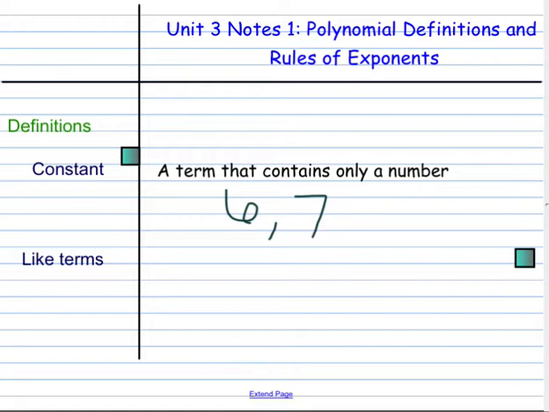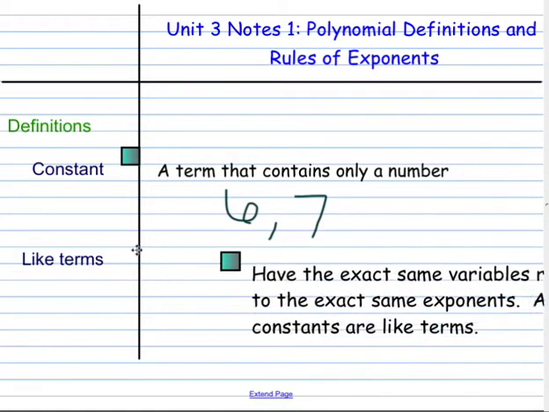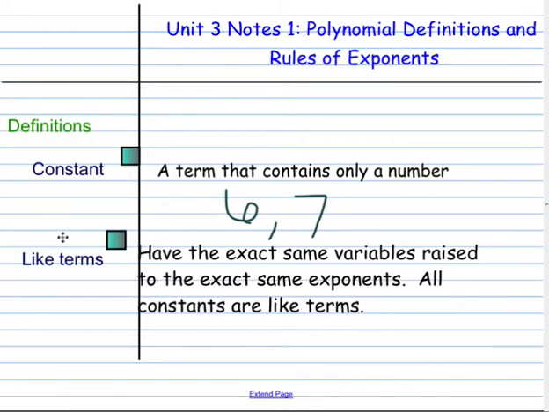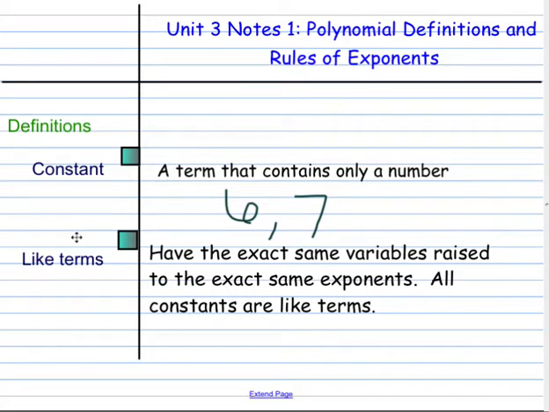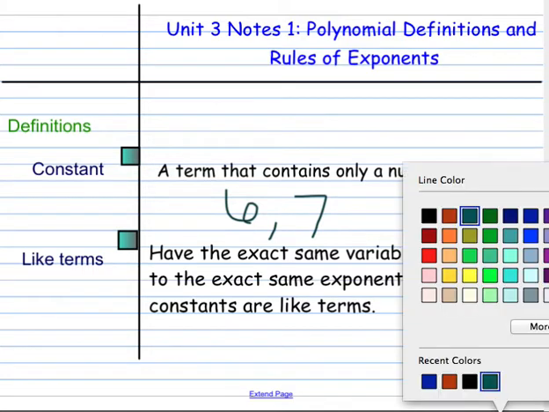Okay, let's go back and take a look at like terms. Again, this is a lot to write down. It may not fit in the box, so write down what you need to remember what a like term is. Like terms have the exact same variables raised to the exact same exponents. Likewise, all constants are like terms. That's a lot of mumbo jumbo, so let's put an example so that it makes more sense.